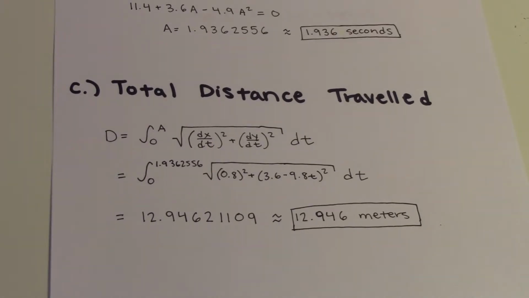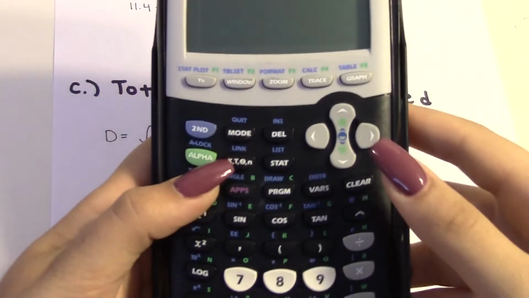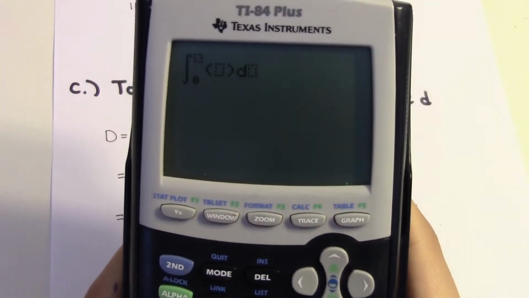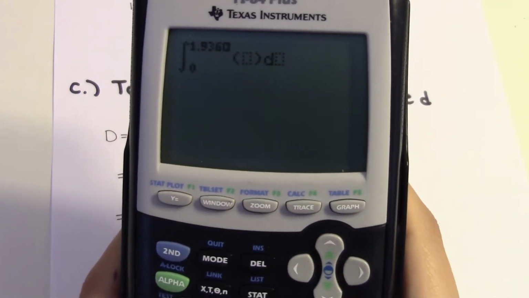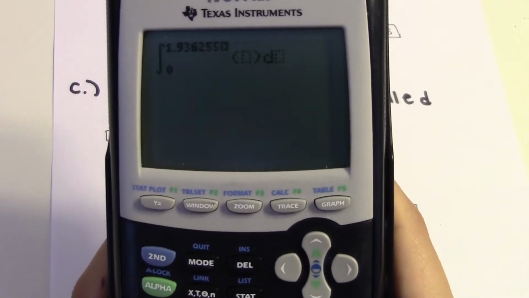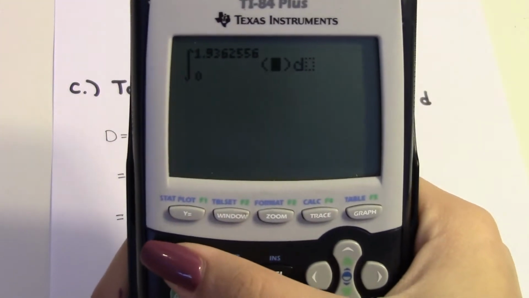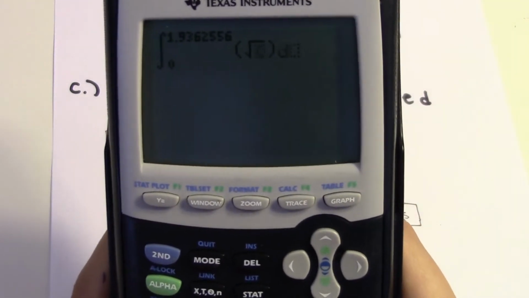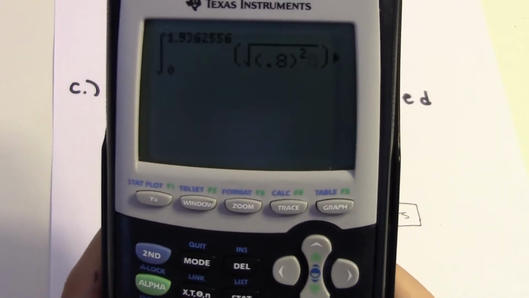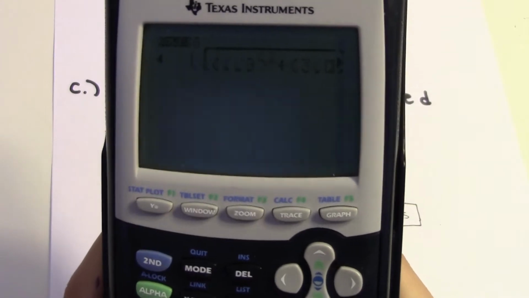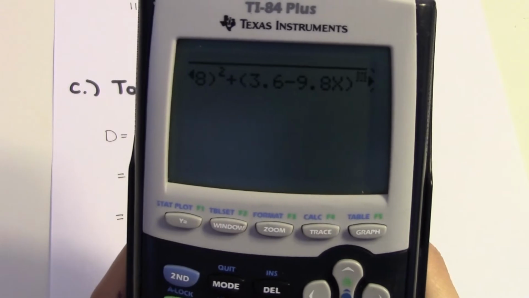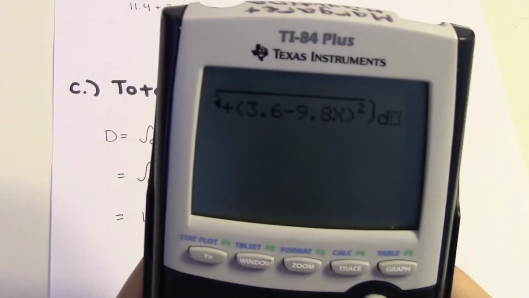And so again, we're going to use our calculator. So go to math again, go to 9 for the integral. Lower limit is 0, upper limit 1.936. You could leave it at that, but I like to go several more decimal places just to get a more exact answer. And then you're going to go square root, and then dx is 0.8, and then squared, plus 3.6 minus 9.8x, squared, and then dx.